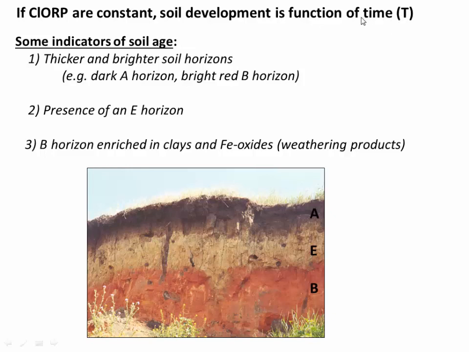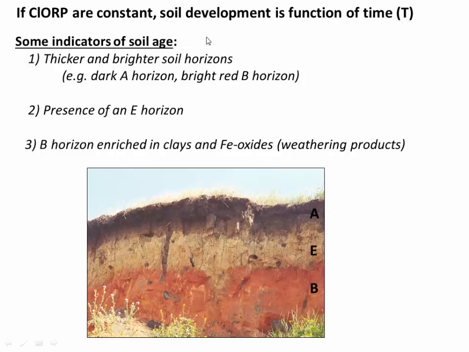So an example would be in New England, if we have a bunch of soils developing at the same elevation on a glacial outwash surface, you could probably argue that ClORP are constant and the only difference should be time.